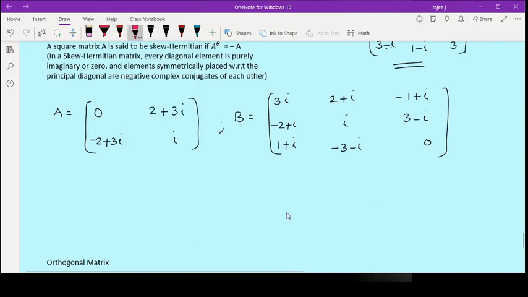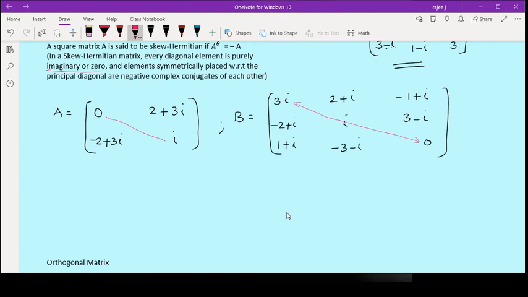Okay, in a skew Hermitian matrix, diagonal elements are purely imaginary or 0. Purely imaginary means only i complex numbers will come, or zeros will come. So it can even be 0, 0 or 0, i, all these can be zeros also. So either that will be purely imaginary or 0. That is the first condition.